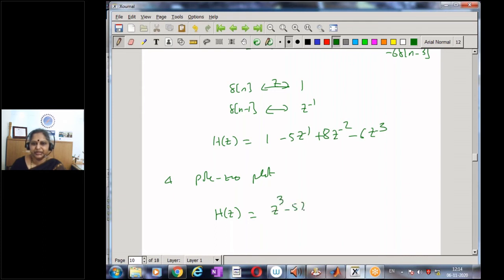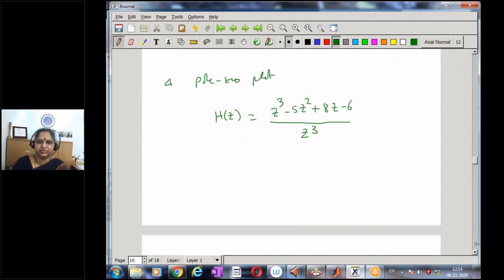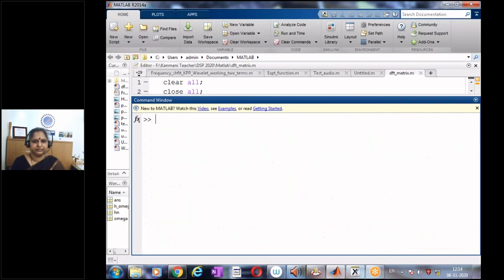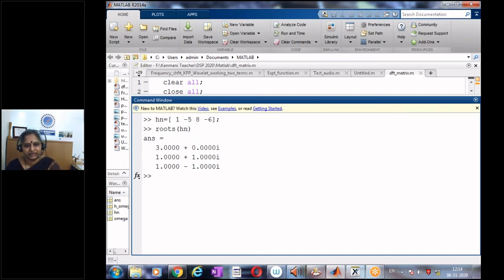Then I have (z^3 - 5 z^2 + 8z - 6) divided by z^3. Now, I can find the roots of the numerator to know where my zeros are located.